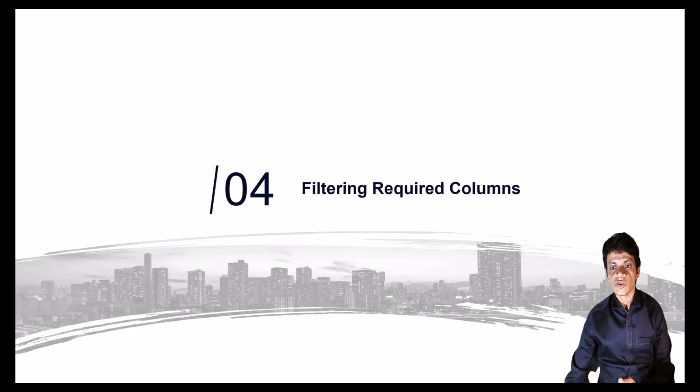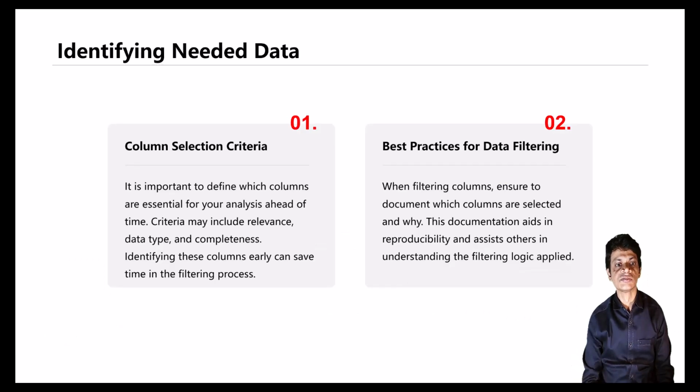Now, next we'll see the code and the importance of filtering required columns. First we need to identify the needed data. In real time, we face lots of problems sometimes. For some tables and structures, we have many thousands of records with hundreds of columns.